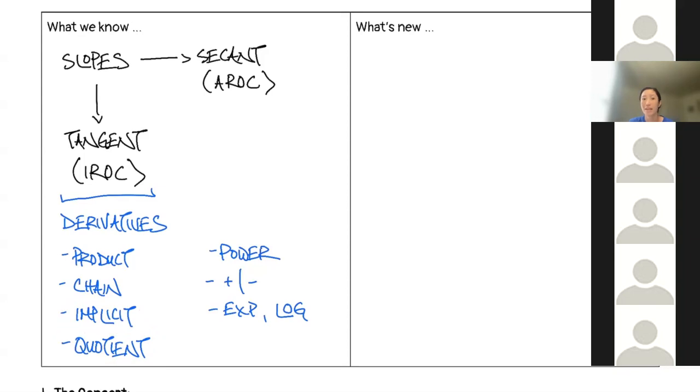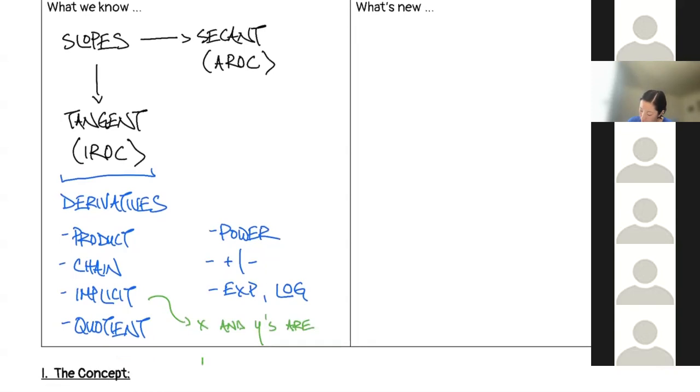A lot of times I think about implicit differentiation and I think about the cases where the x and y's are mixed together. So in other words, like those questions where the x's and y's are kind of stuck together, it's really hard to get the y all by itself. That would be a really good time to use implicit differentiation.